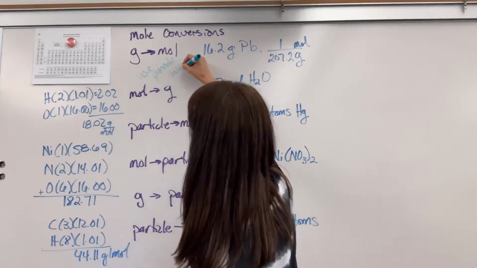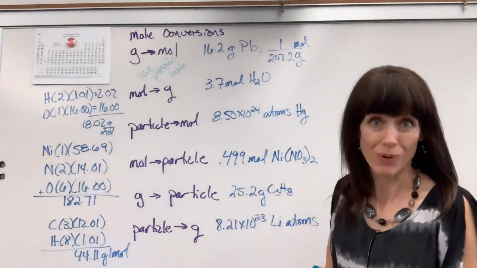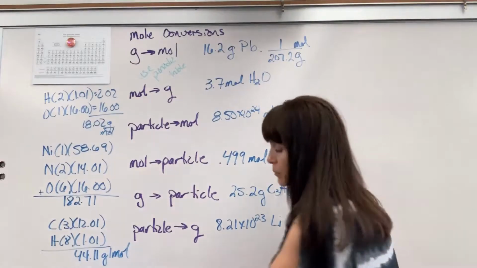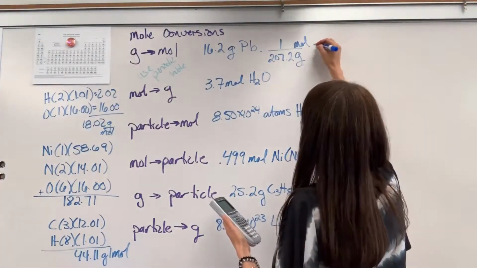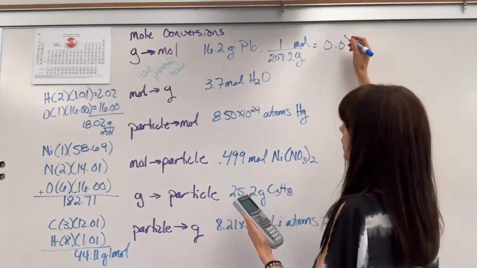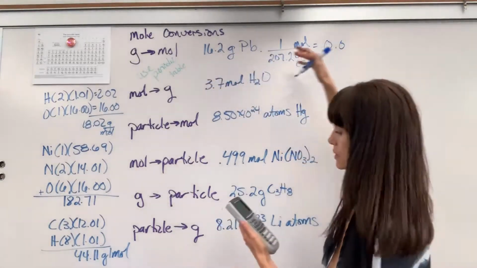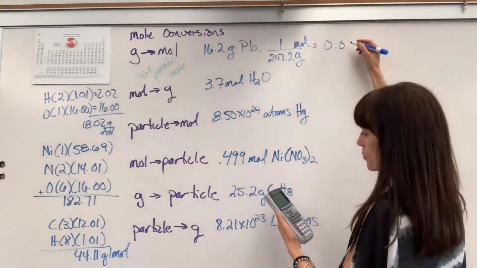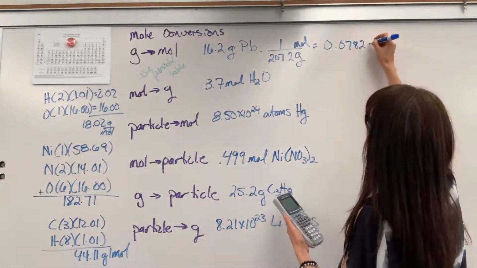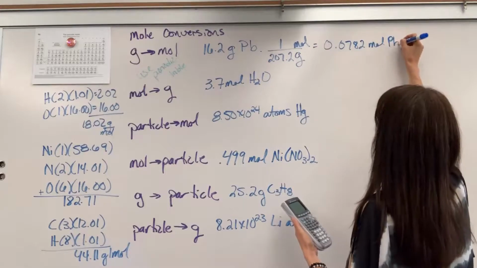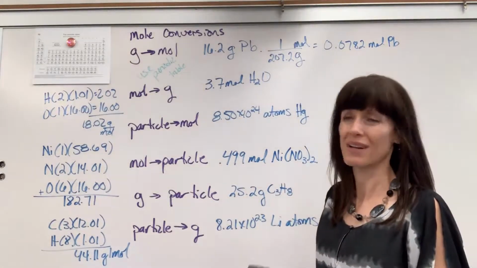That's automatically where your brain goes, molar mass. Put this in your calculator and we get 0.0782. Notice I have 3 sig figs here, so I'll go to 3 sig figs. That's moles of lead, and I put that final unit on it.